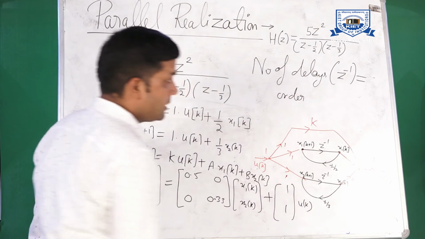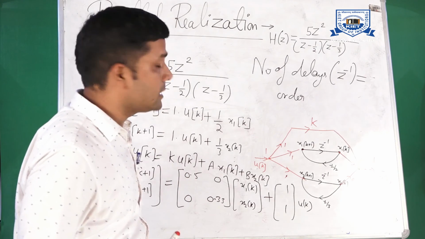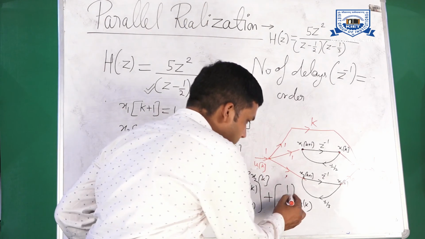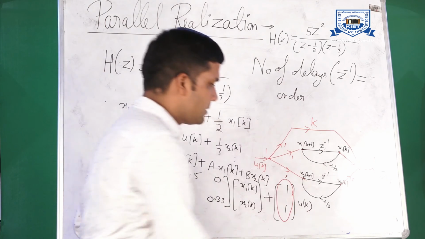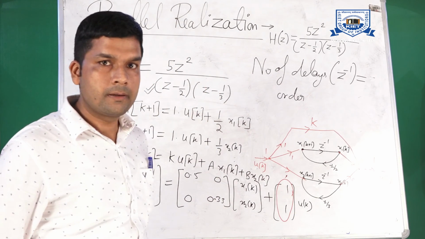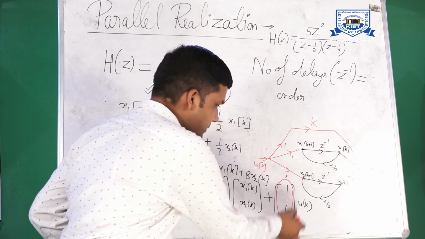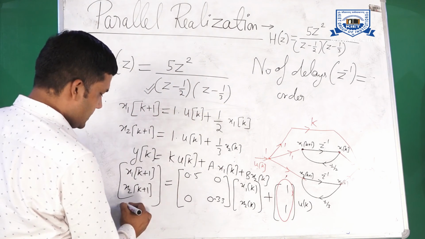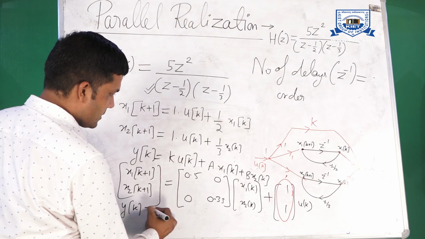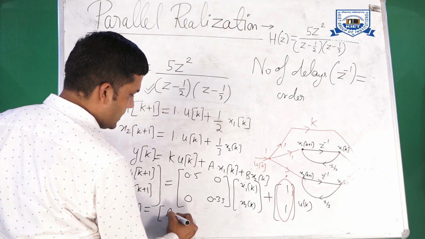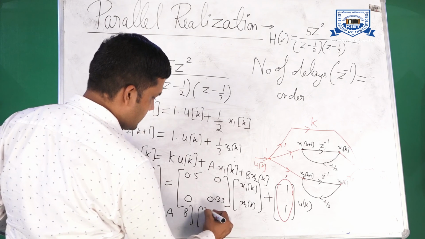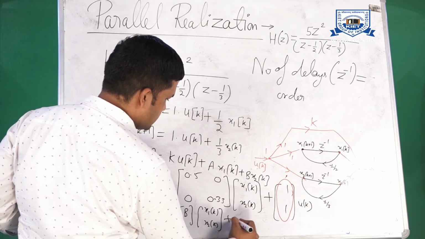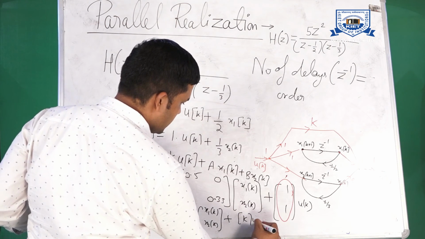And remember, if we draw the parallelization, this matrix is filled in 99% of cases, and 1 1 or any value can exist. y(k) is equal to [a b] [x1(k); x2(k)] plus k u(k).